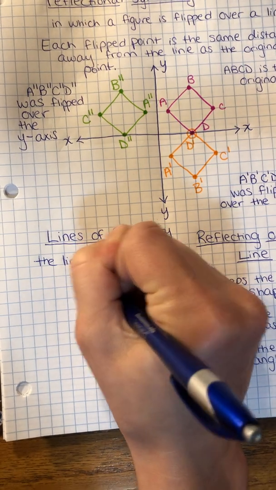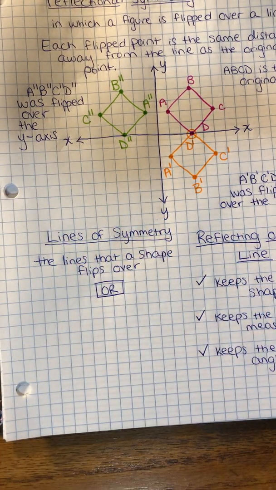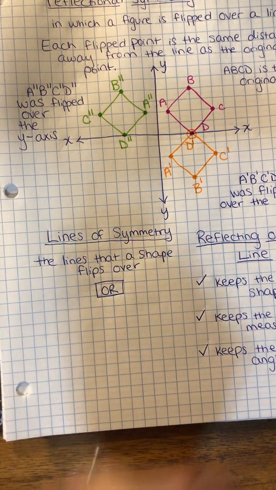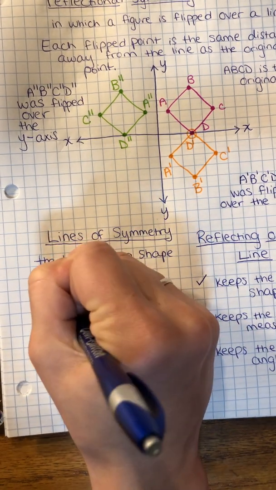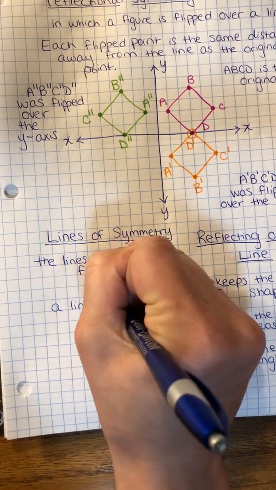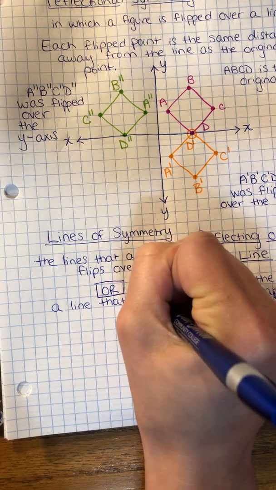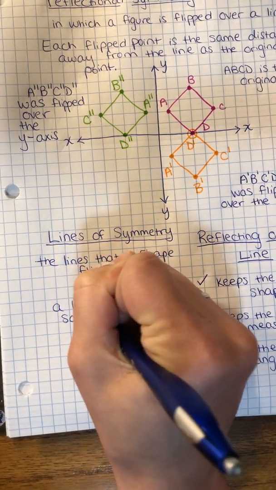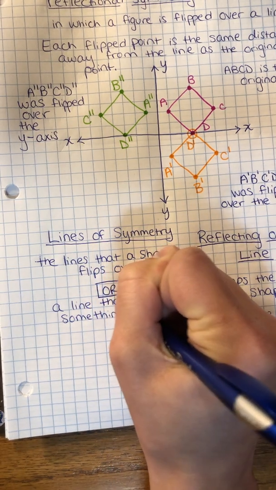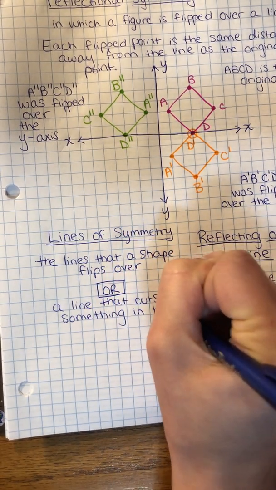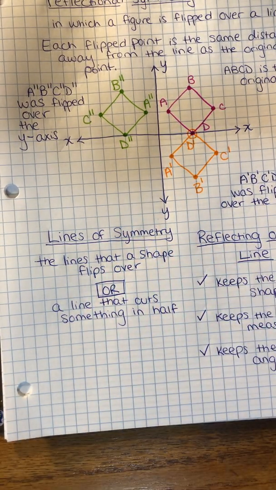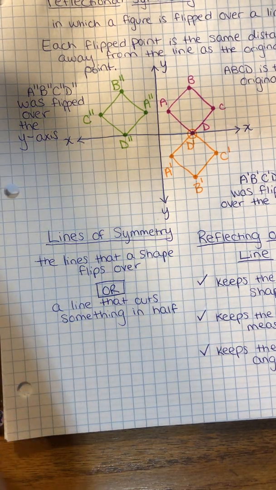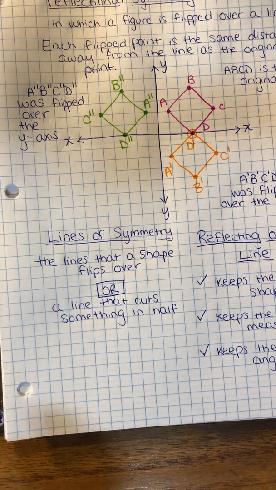Or it could be a line that cuts something in half. A line that cuts something in half. So we're going to do one quick example here, and then we'll wrap up.